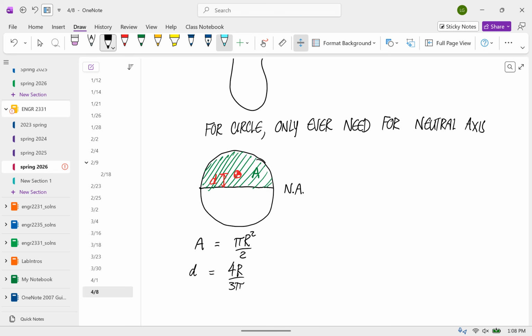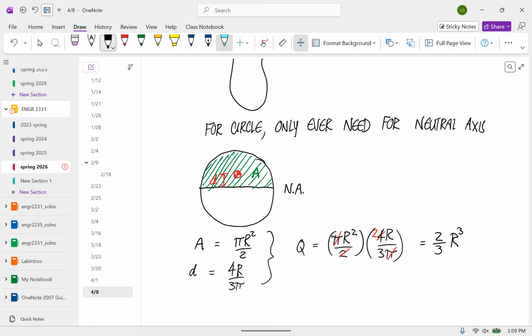Q is equal to pi r squared over 2 times 4r over 3 pi. The pi's cancel, that 2 makes this a 2, and so we get 2/3 r cubed.